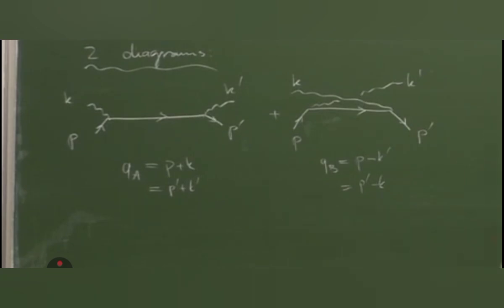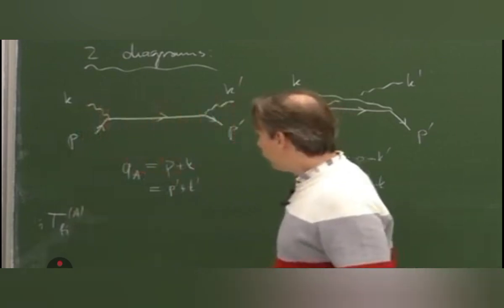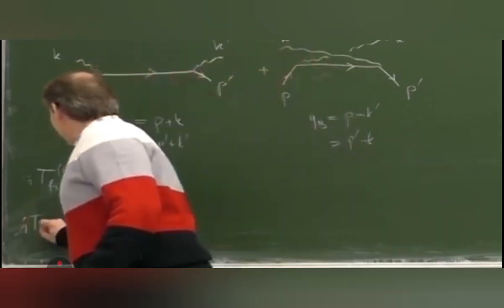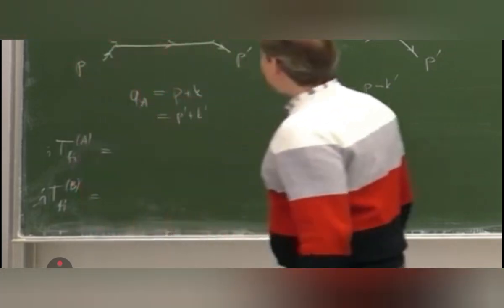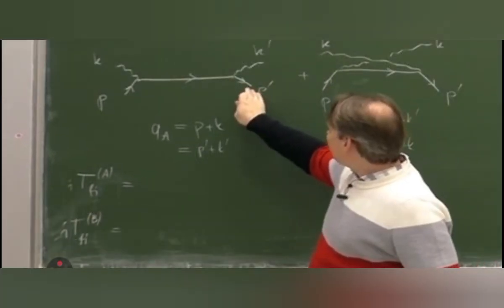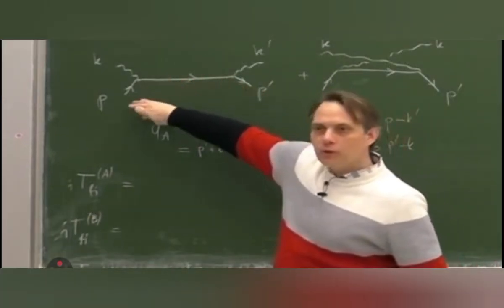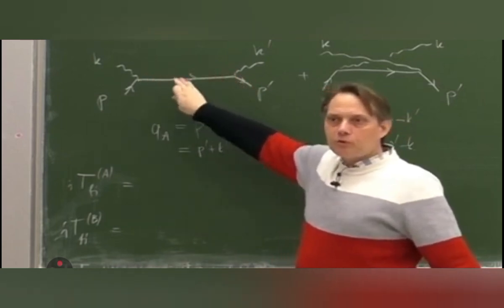Okay, and with this information we can write down the Feynman rules for this process. So we have i times T_fi for diagram A and i times T_fi for diagram B. What are the Feynman rules? The Feynman rules for both diagrams are obtained again by taking the fermion line and going against the arrow direction and writing down all the spinor objects corresponding to all the Feynman rules.